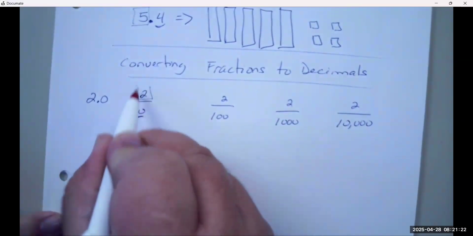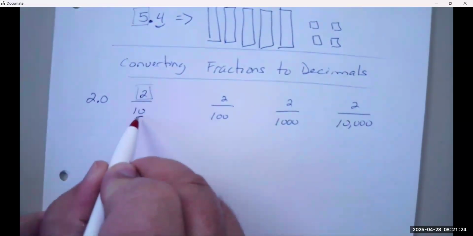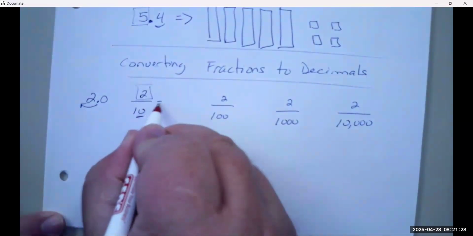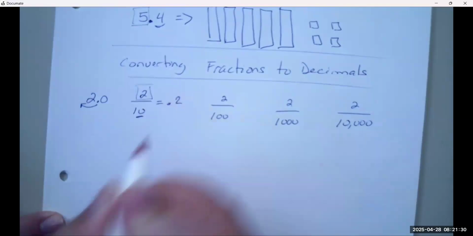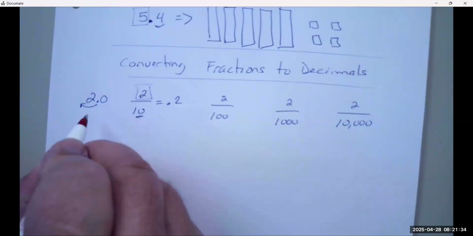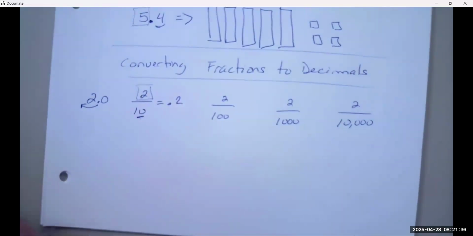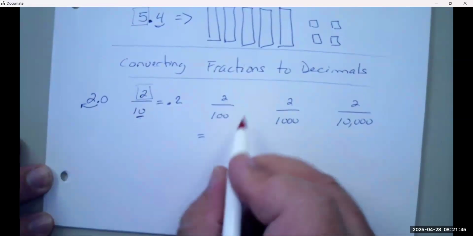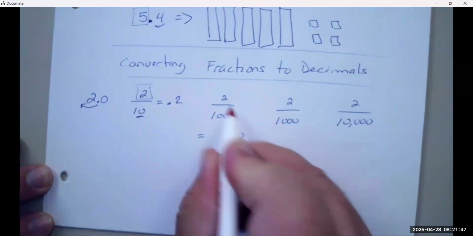So if it's divided by 10, it becomes 0.2. Every 0 on the bottom moves the decimal to the left one space. So there's our 2.0 on top.